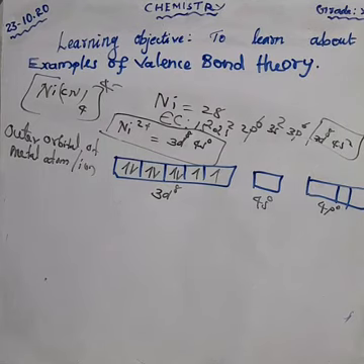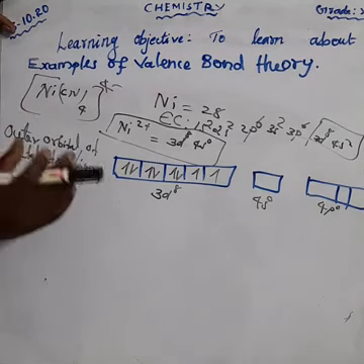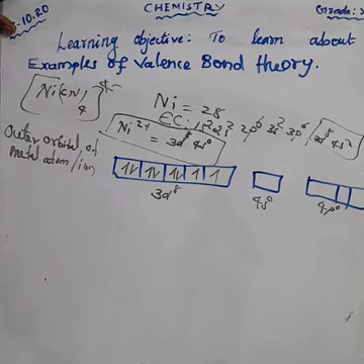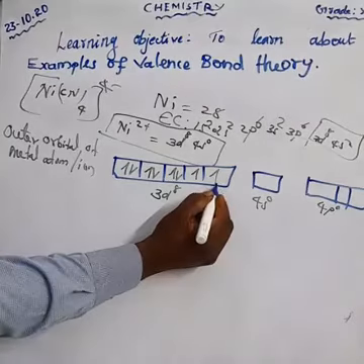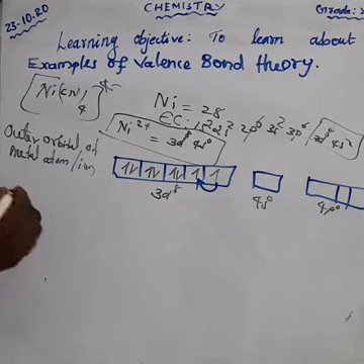Nature of the ligand. What is the nature of the ligand? CN minus. Okay. A strong field ligand causes the pairing of the 3d electrons in the metal. Here the pairing takes place. Here there are 2 unpaired electrons, and they should be paired. So what is the configuration?